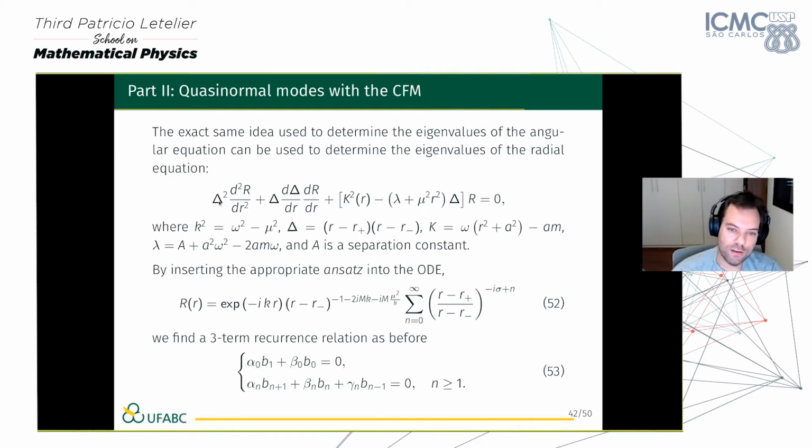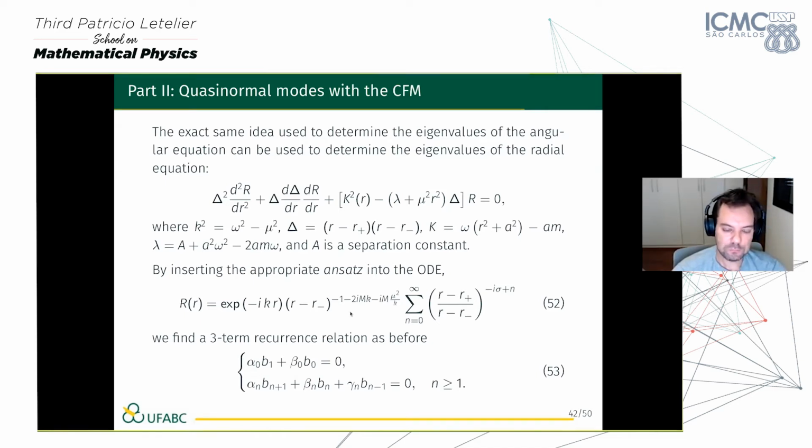So we start with the radial equation, and then, differently from the scattering problem, we now want to impose an extra boundary condition at infinity. If you're studying quasi-normal modes, you don't want outgoing waves at infinity. You only want ingoing waves.